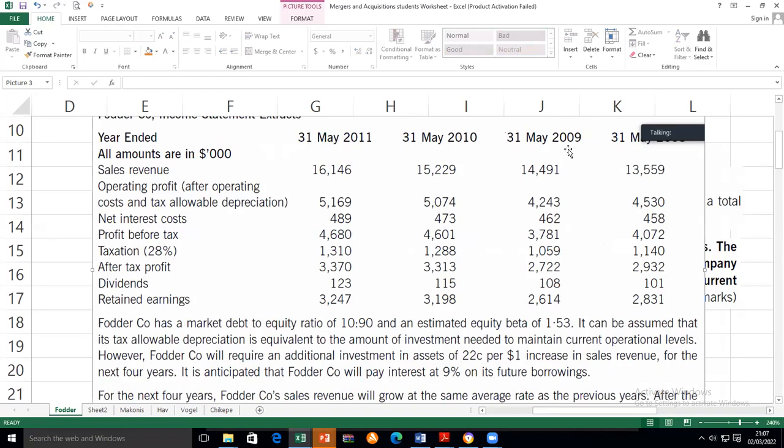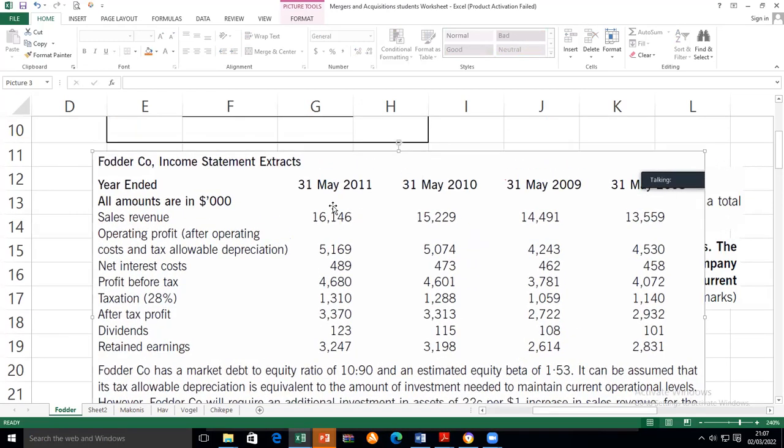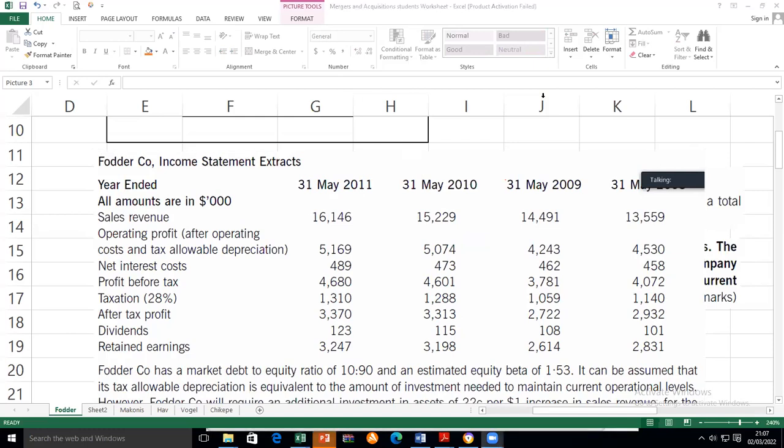So you take your records for 2011, 2010, 2009, 2008. The sales figure for 2011 is 16,146. We're going to grow it. How are we going to grow this figure? Using the historical growth rate. So your first task is to tell me this figure has grown from there to there.